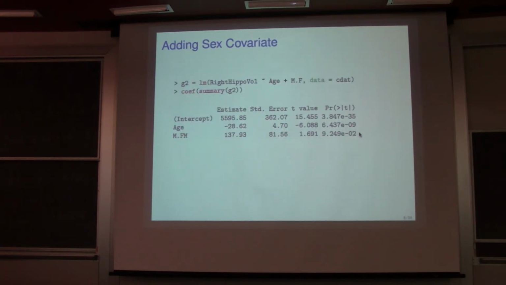Okay, but now let's say we want to add some more covariates here. The next covariate we add would be male-female. So this is age plus m.f, where m.f is just a binary variable for male-female. So now I have two coefficients plus a third coefficient for the intercept: beta 0, beta 1, beta 2.